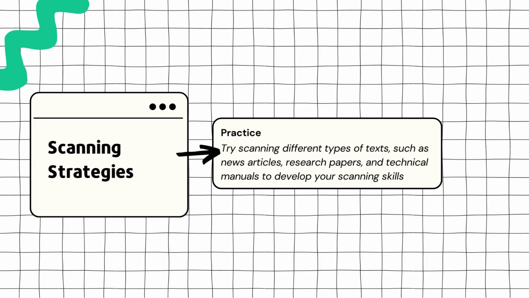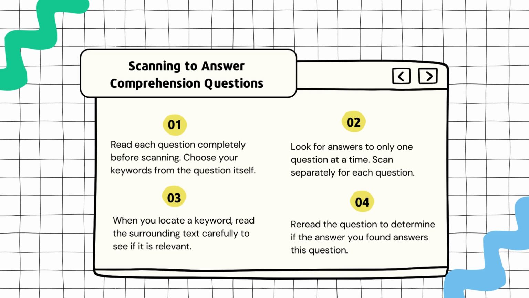Okay, as for practice, try scanning different types of text, such as news articles, research papers, and technical manuals to develop your scanning skills. When we are scanning to answer comprehension questions, first read each question completely before scanning.